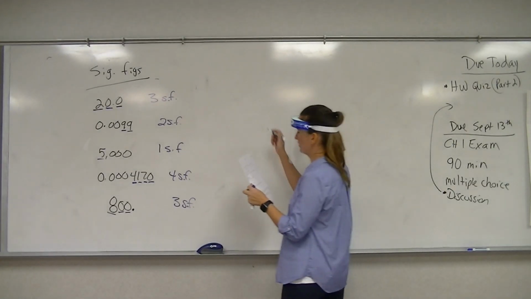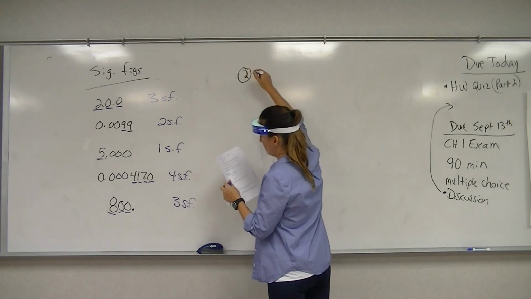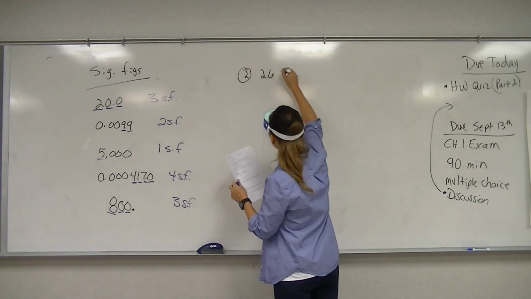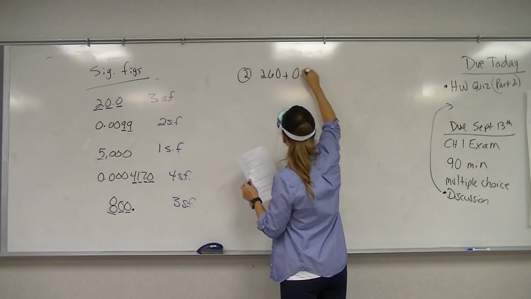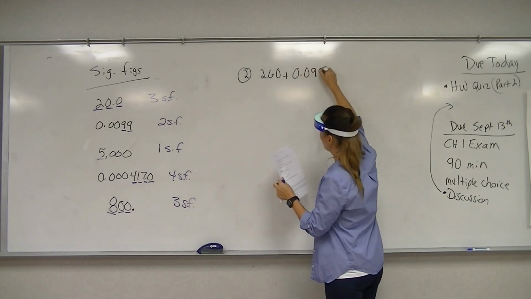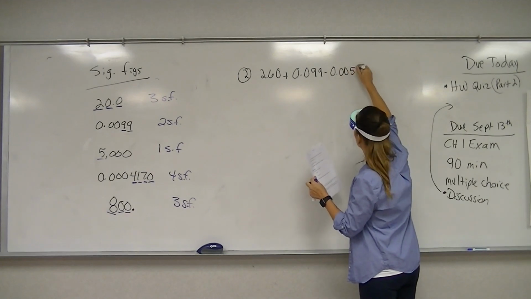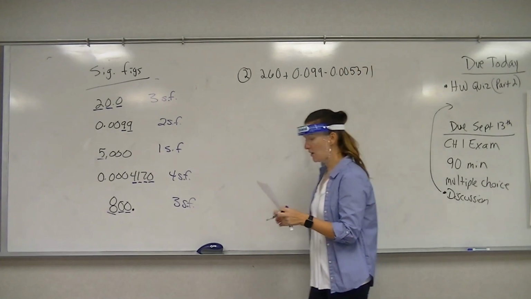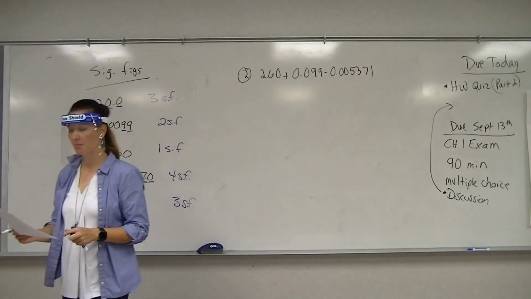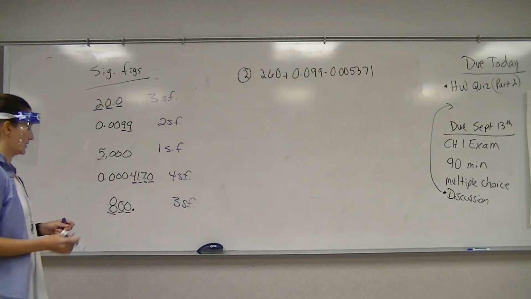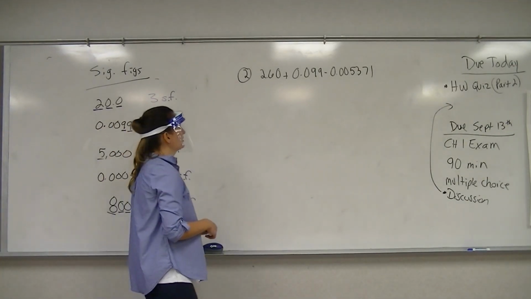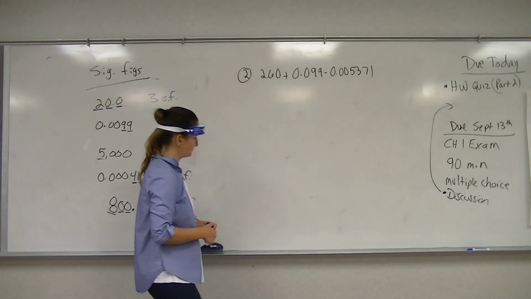All right. So let's move on to a calculation problem. The other stuff you're going to need to do is calculate and apply sig figs to the calculation. Addition, subtraction, multiplication, division.